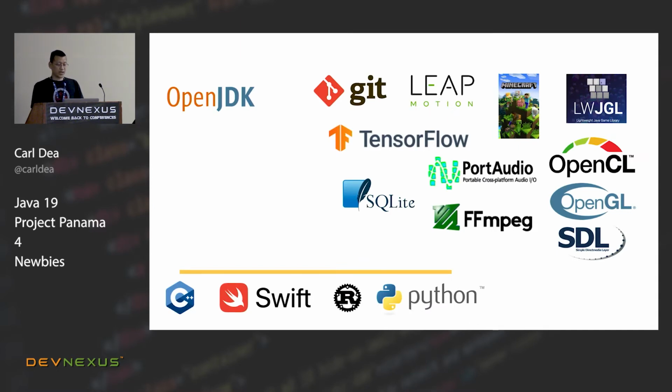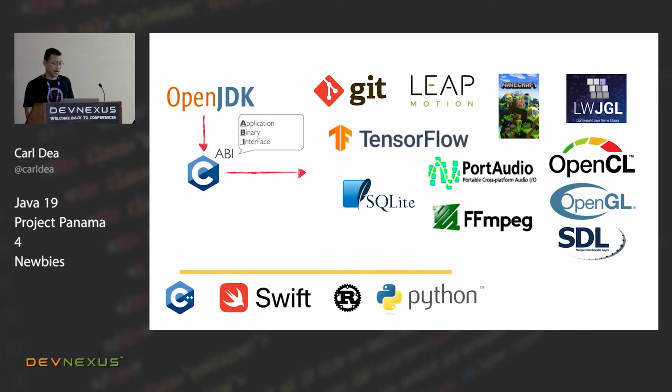So how does OpenJDK actually talk to these native libraries? They use what is called the C ABI, the Application Binary Interface. It's a well-known convention and standard from the C days. It's so well known, if you notice, TensorFlow, right? A lot of folks think that TensorFlow is written in Python. It is not.